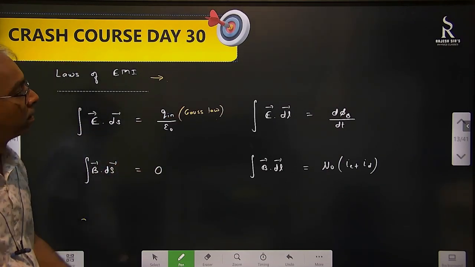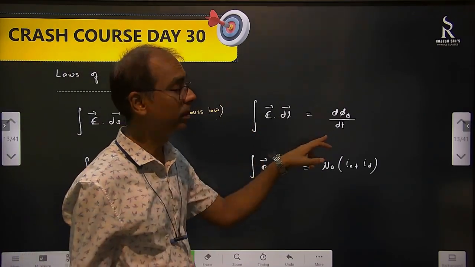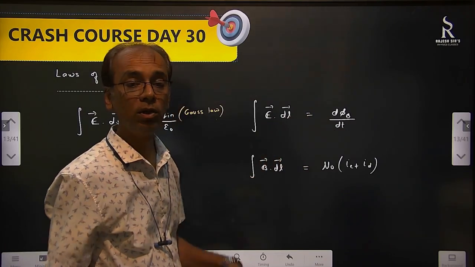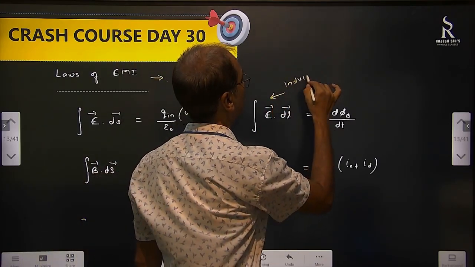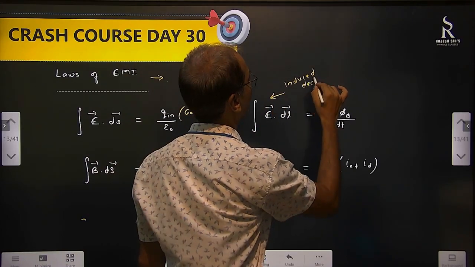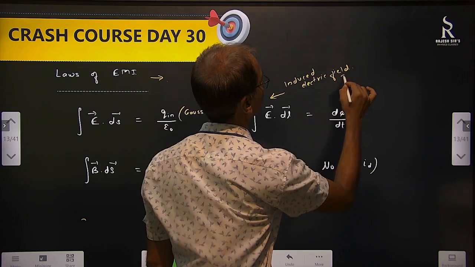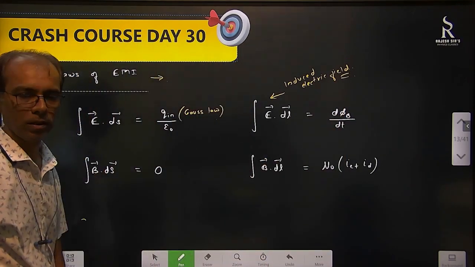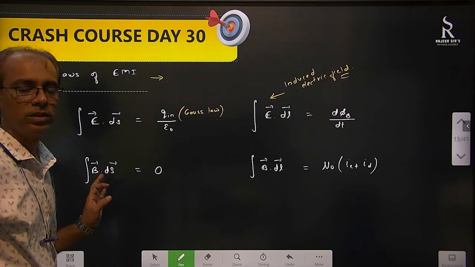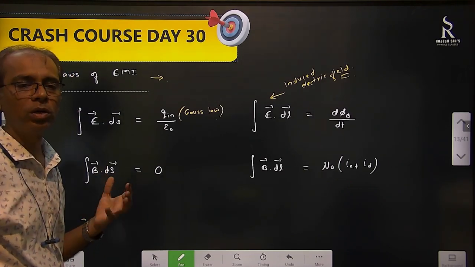Then the line integral of electric field, E dot dl, is equal to minus d phi B by dt. What is that? Induced electric field. This we saw in EMI. This we have not seen.